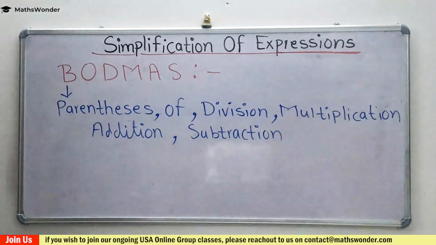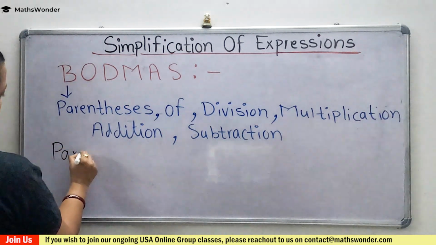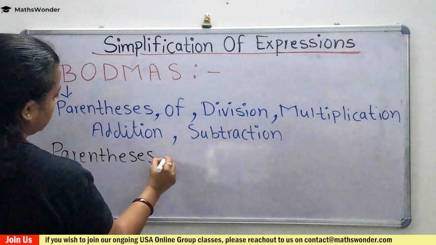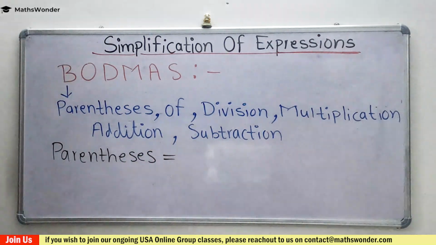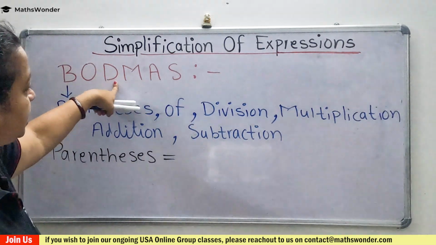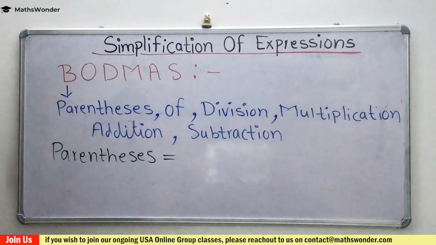When you see parenthesis in your equation, now we have 4 types of parenthesis. We perform the operation inside the parenthesis first, then of, then division, then multiplication, then addition, and then subtraction. So you will follow the same sequence.